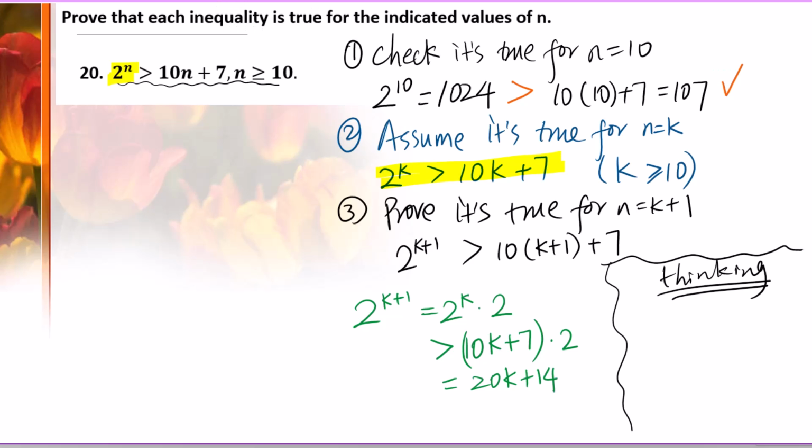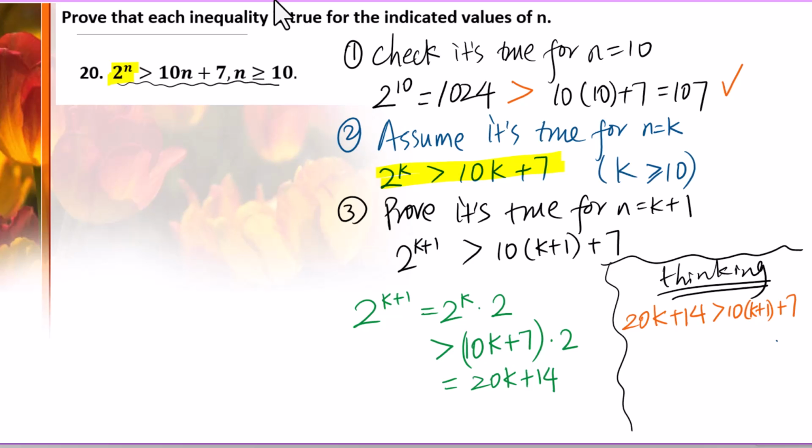We want to prove 2 to the power of k plus 1 greater than 10 times k plus 1 plus 7. We already got 2 to the k plus 1th power greater than 20k plus 14. We just need to prove 20k plus 14 greater than 10 times k plus 1 plus 7.